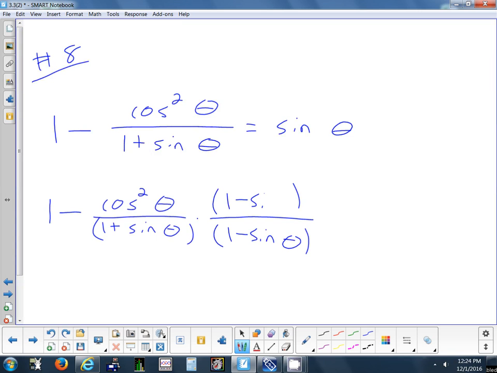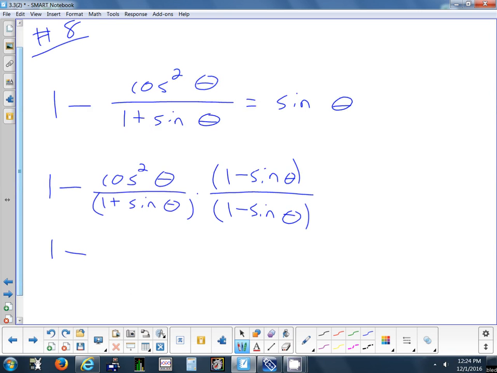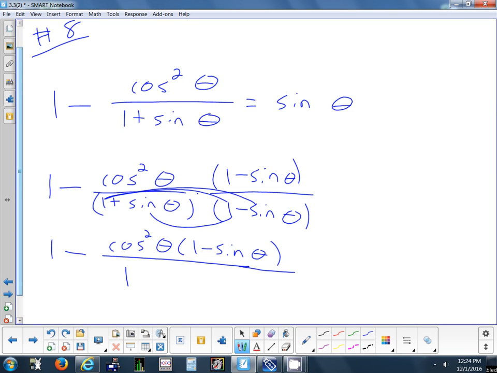Okay, and watch what happens here. So we have 1 minus. Okay, in the top, I'm just going to leave cosine squared times 1 minus sine. In the bottom, I'm going to FOIL it out. 1 times 1. 1 times negative sine is negative sine. 1 times positive sine is positive sine.